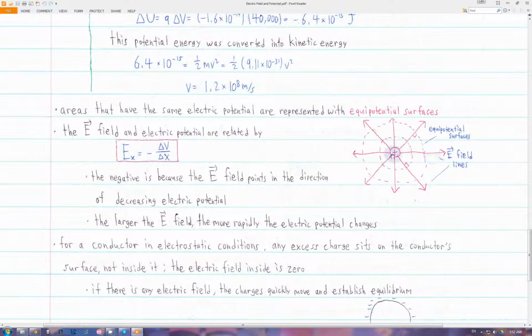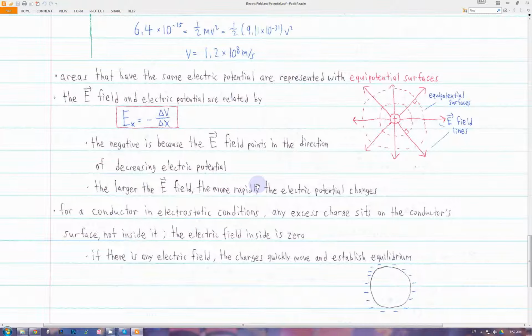The electric potential at this point is higher than at this point along the E field line, because they're moving further away from the source charge. And the larger the E field, the more rapidly the electric potential changes, so the bigger this rate of change of the electric potential will be.